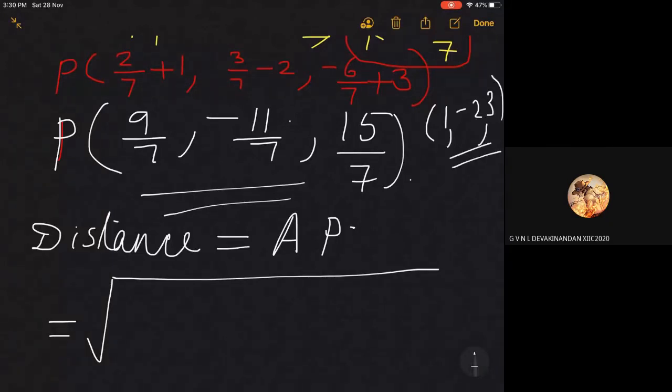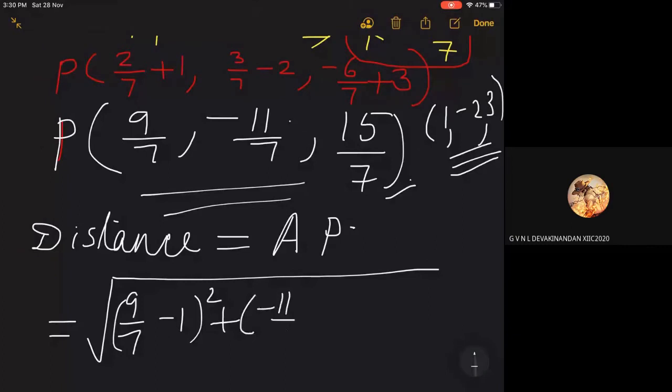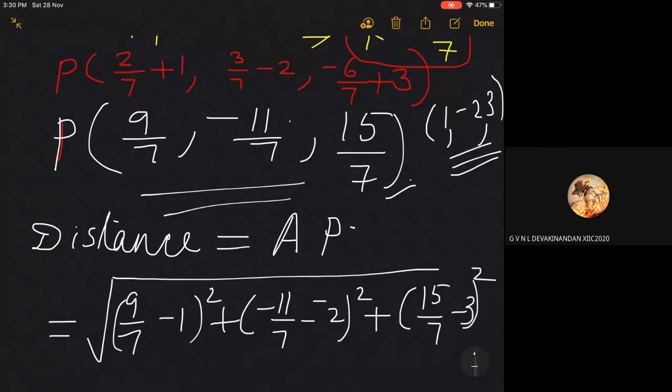So the distance between these is root of 9 by 7 minus 1 whole square, plus minus 11 by 7 minus 2 whole square, plus 15 by 7 minus 3 whole square.